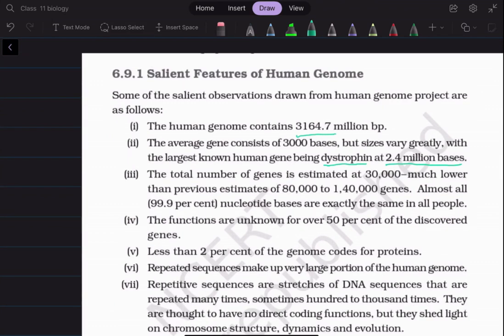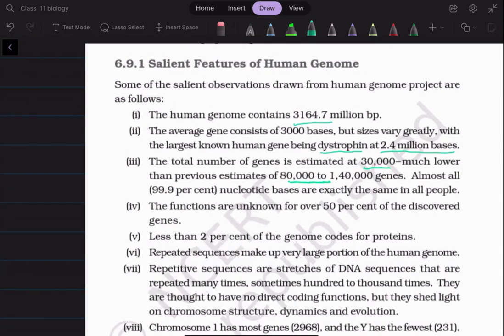The estimated number of genes present in our genome is 30,000, and it is not as much as we had estimated. But anyways, the next point is that 99% of the nucleotide bases are exactly the same in all human beings. So you see 99% of the human genome is exactly the same.